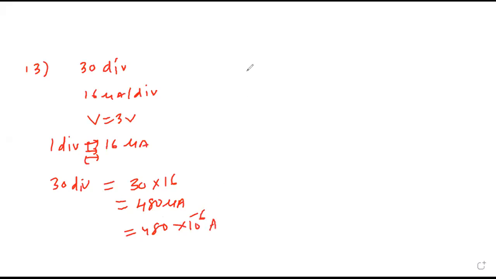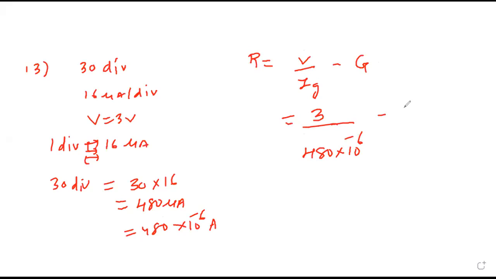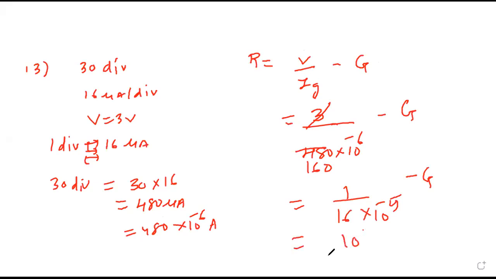To convert to a voltmeter, we require series resistance R. The formula is V upon Ig minus G. V is 3, Ig is 480 × 10^-6, minus G, which we don't know. 3 into 160, so 1 upon 16 × 10^-5 minus G. That will become 10^5 upon 16 minus G. You can write this as 100 × 10^3 upon 16 minus G. 16 sixes are 96.